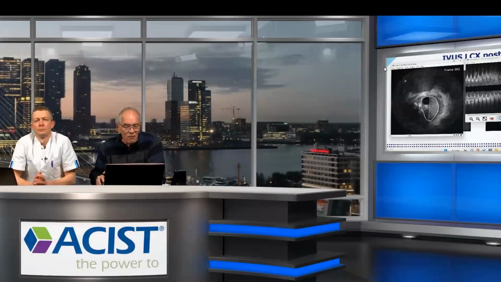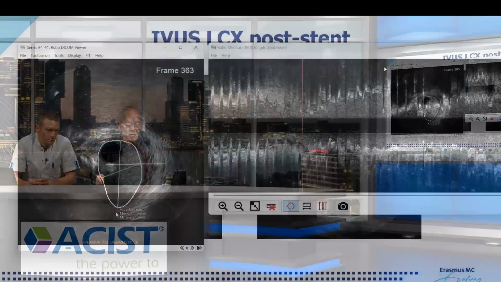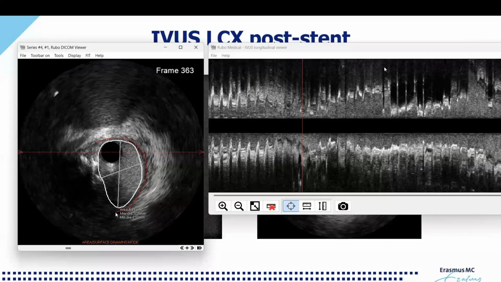If you measure on the dark line of the media, then you're okay, because there are also both membranes. Now I have a problem in here because I cannot look behind the calcium, and it's more than 180 degrees. So this one we have to take with some skepticism, you see. So I'll make a sort of round outline in here, and then we have a lumen area.